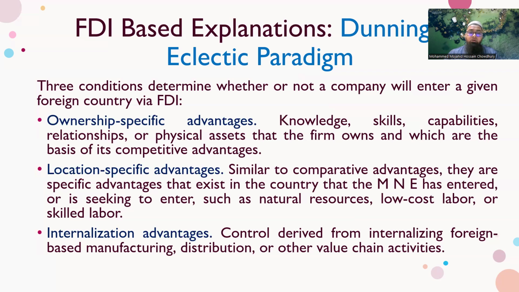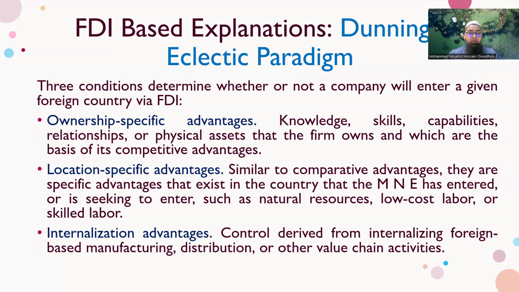Three conditions determine whether or not a company will enter a given foreign market: ownership specific advantage, location specific advantage, and internationalization advantage. Ownership specific advantages are knowledge, scale, capabilities, relations, or physical assets that the firm owns, which are the basis of their competitive advantage.